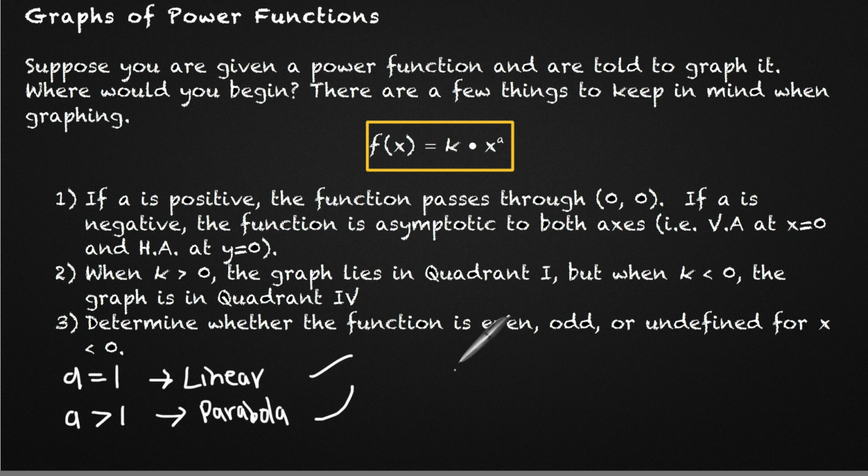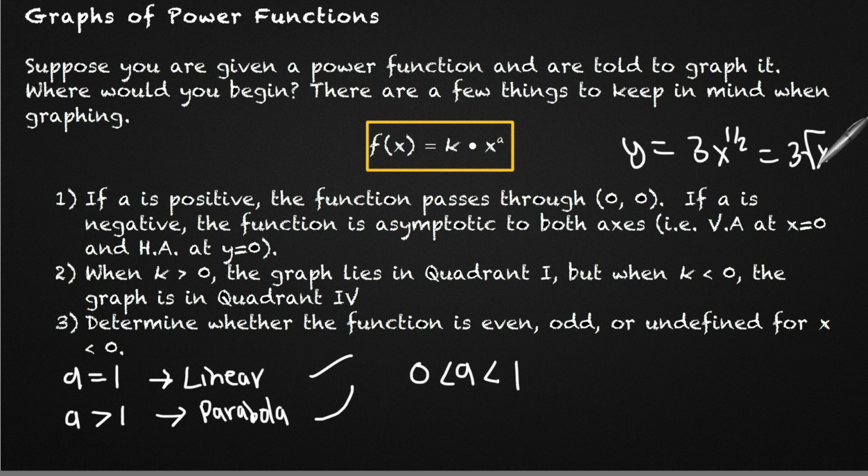And then if a is between 0 and 1, let's say we have y equals 3x to the 1/2. That's the same as 3 square root of x. So any exponent between 0 and 1 is going to resemble a square root curve. And then the last one is if a is less than 0.